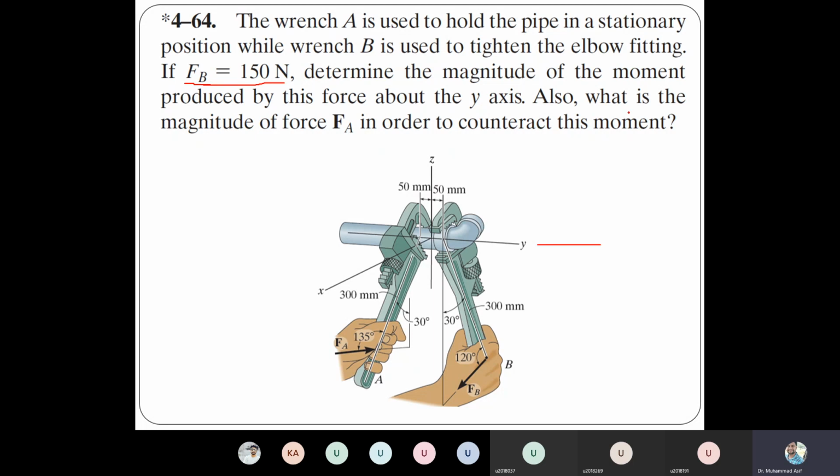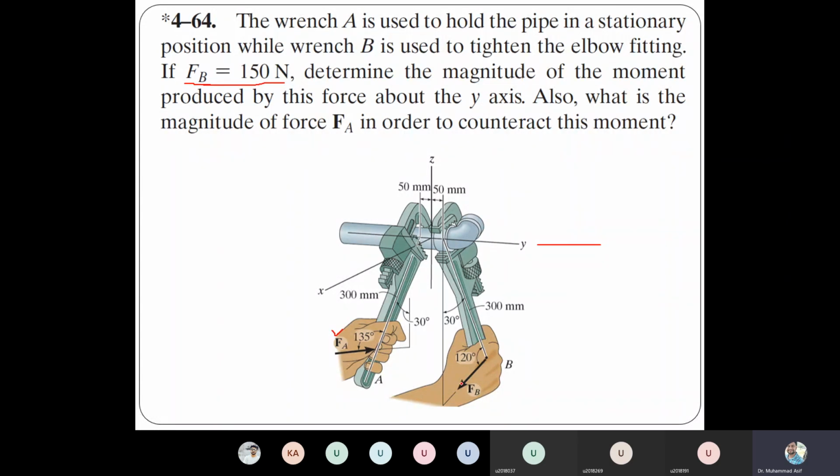Also, what is the moment magnitude of force Fa? Since the moment produced by this force Fb will be equal to that, by equating those moments you can calculate the value of Fa.